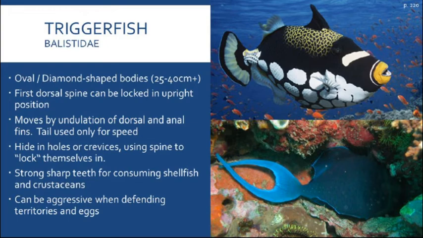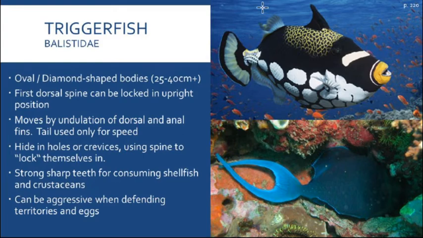The cool thing about triggerfish, though, is that they move by what we call ballistiform movement. Ballistiform comes off this scientific name here, Ballistidae. Ballistiform swimming basically just means undulating these fins over here. So that's how they swim usually.